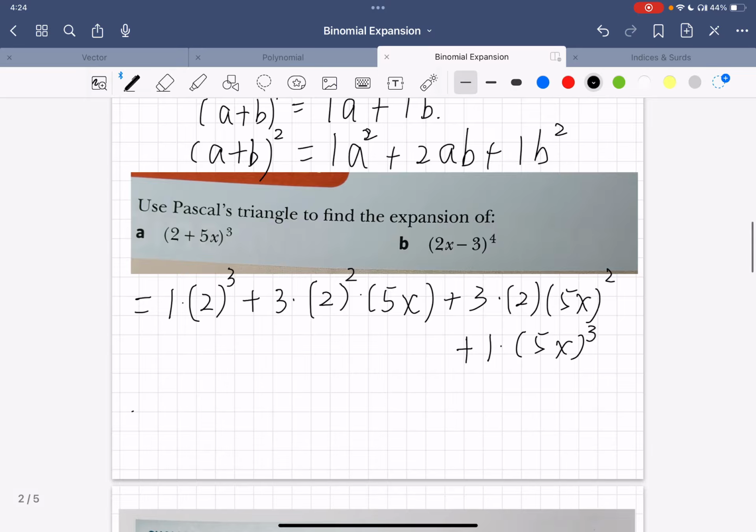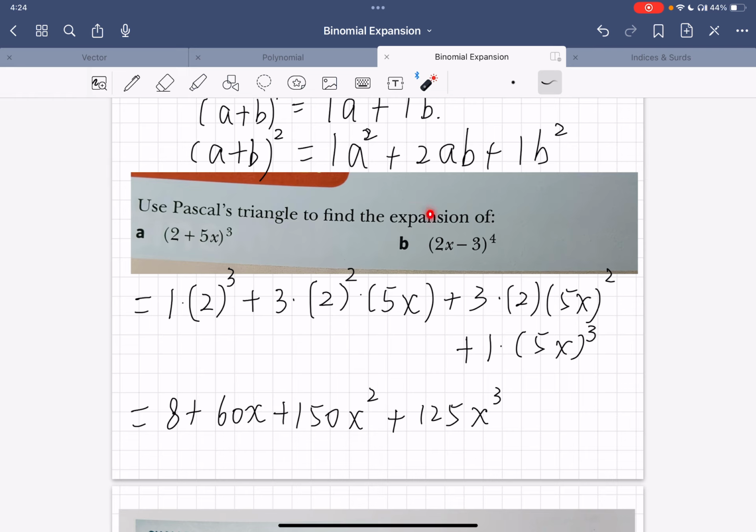Okay, so let's solve the result together. That is 8 plus 60x plus 150x squared plus 125x cubed. So that's the final result.